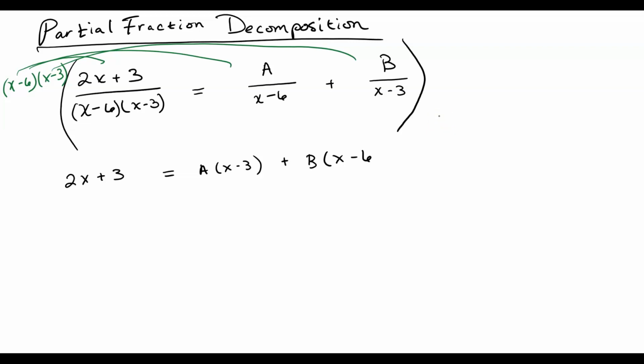The next thing I'm going to do, there's a couple of ways that you can approach this. We'll approach this with the systems method. You can use a system of equations to solve this.